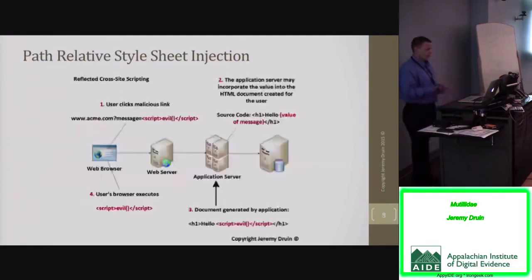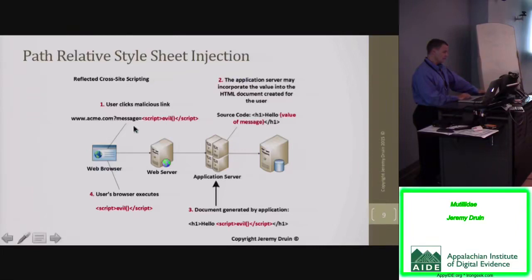So we can see in this diagram that a script has been injected via the message parameter that is part of this URL. And so the attacker in this case has injected some mythical evil method and put that inside of script tags.